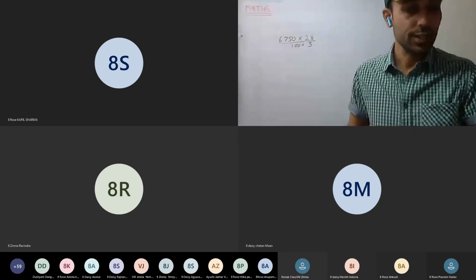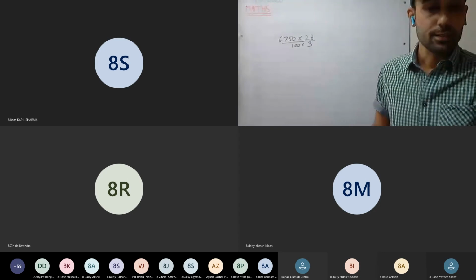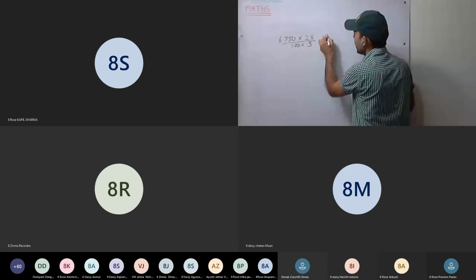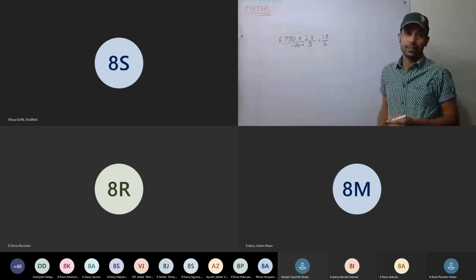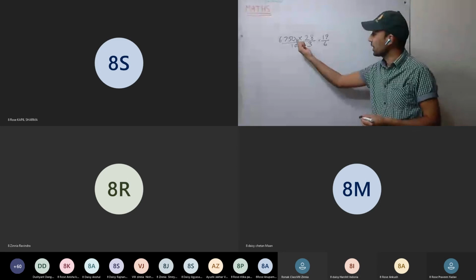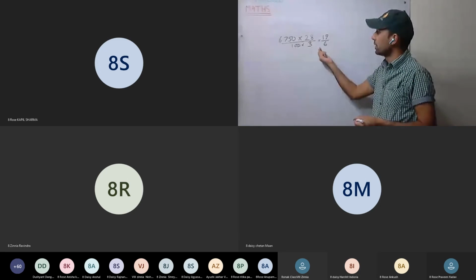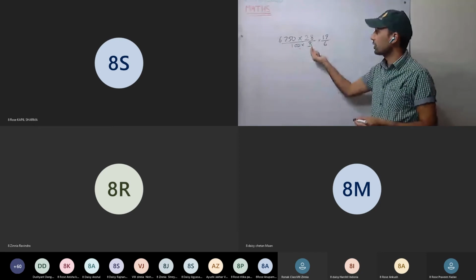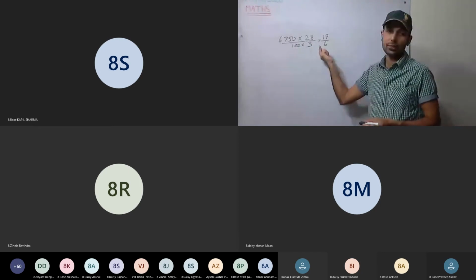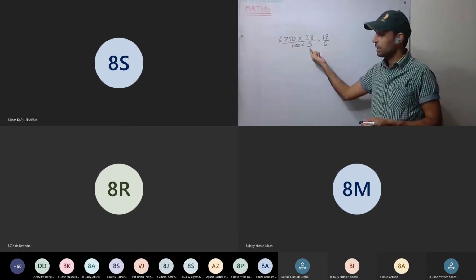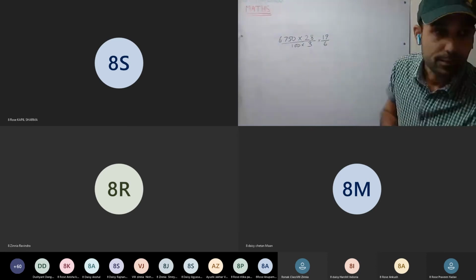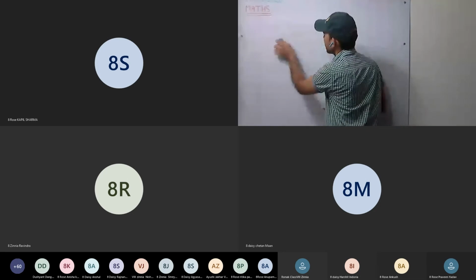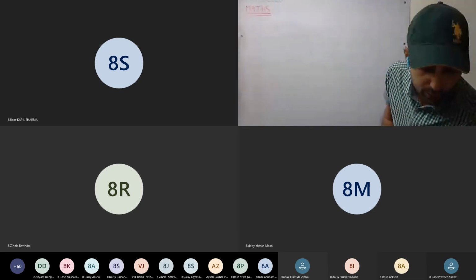Now time is 3 years, 2 months, which is 3 1 by 6, 19 upon 6, into 19 upon 6. Now calculate it. Are you getting the same figures? You have made a calculation mistake somewhere. Calculate it again, you'll get the answer. Is this fine now, Ravindra? Calculate again. Have you found your mistake?